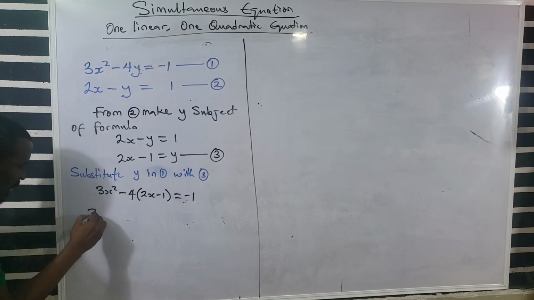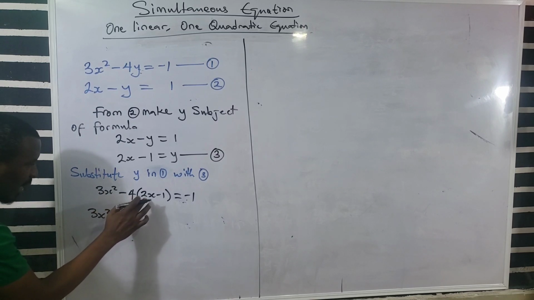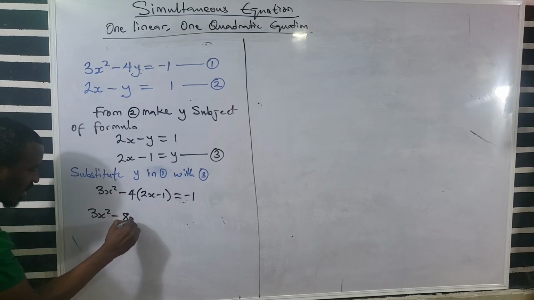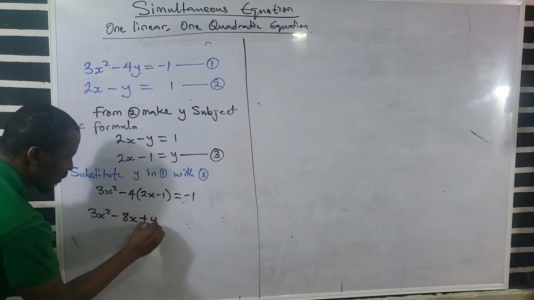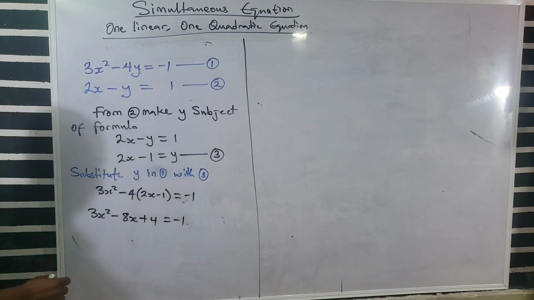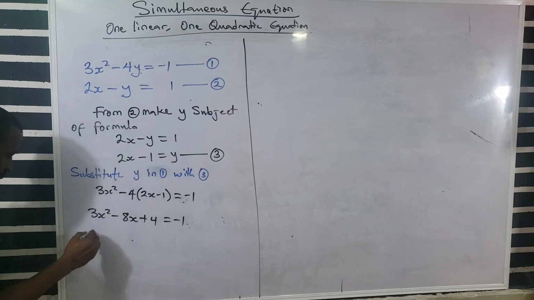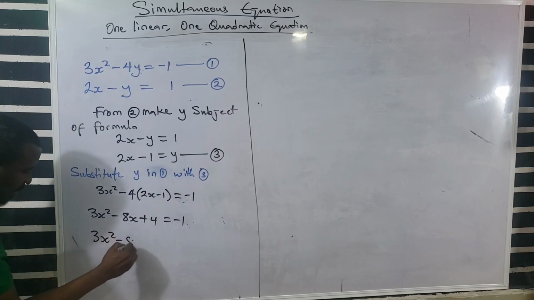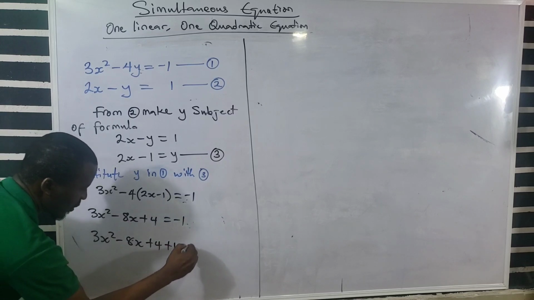So that will give us 3x squared minus 4 times 2x, which is 8x, minus 4 times minus 1, which gives us plus 4, equals to minus 1. So we are going to bring this inside. So we are going to have 3x squared minus 8x plus 4 plus 1 equal to 0.